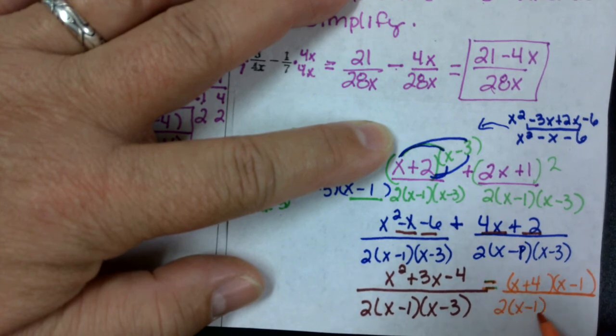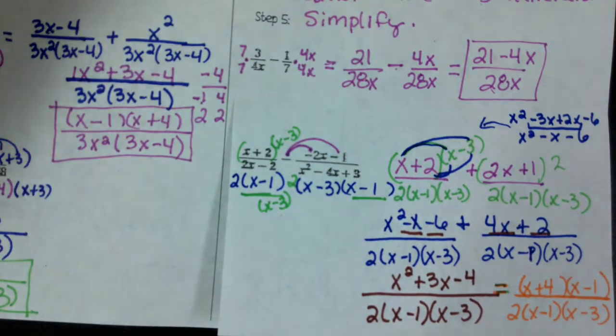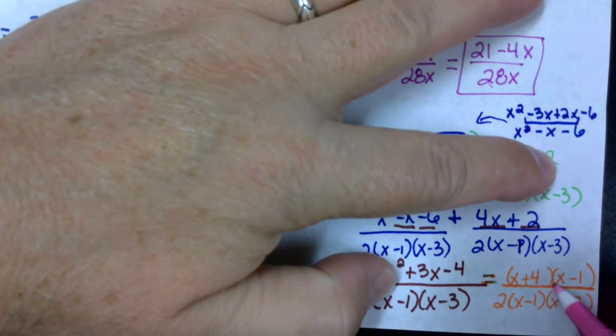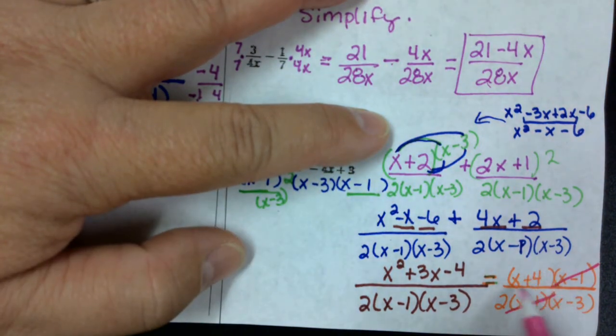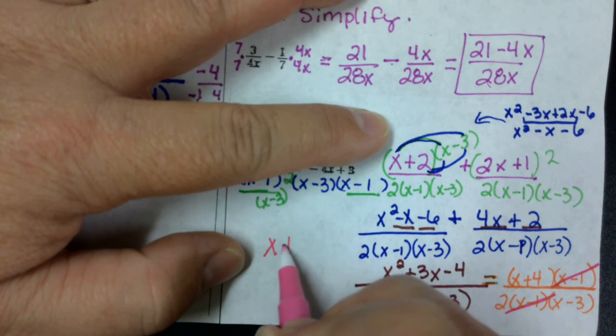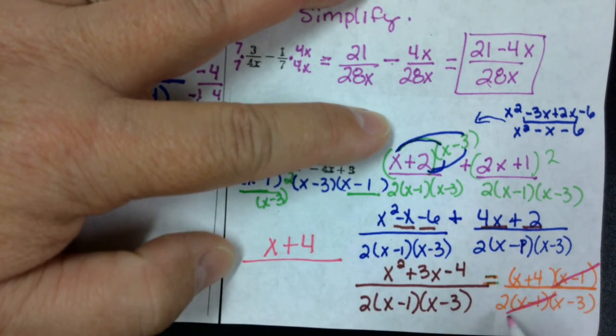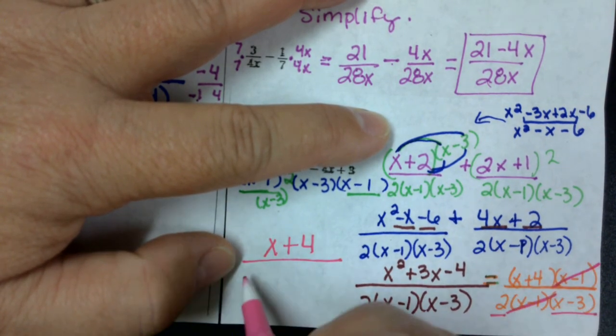And all of that is over my common denominator. And then I see that I have a common factor that will divide out. So what is my solution? My numerator is x plus 4. My denominator is 2 times x minus 3.